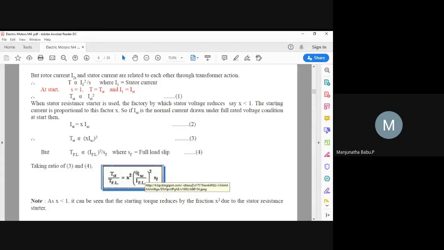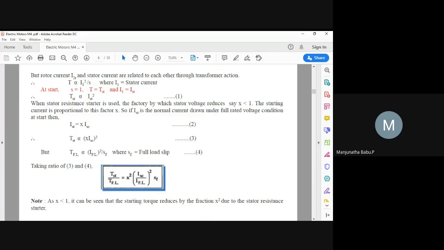ISC is 6 times the IFL, so IFL gets cancelled. So 6 square into 5%, that is 0.05. So what is the value of X? 0.745. So X is now 0.745, that is 74.53% is your percentage tapping on the auto transformer.